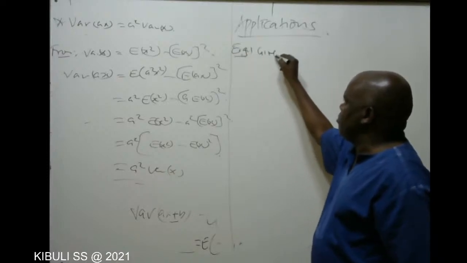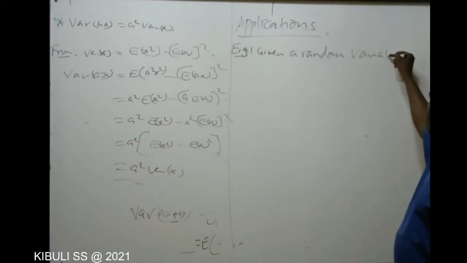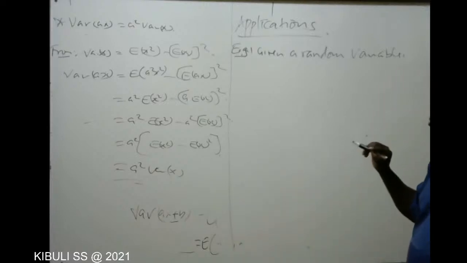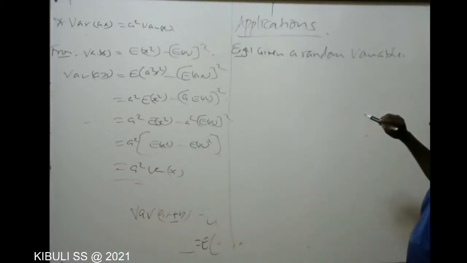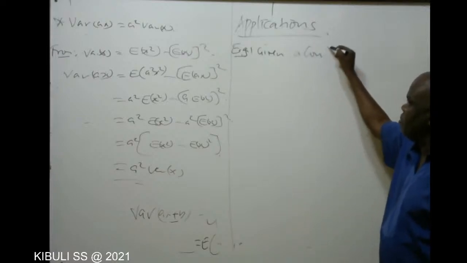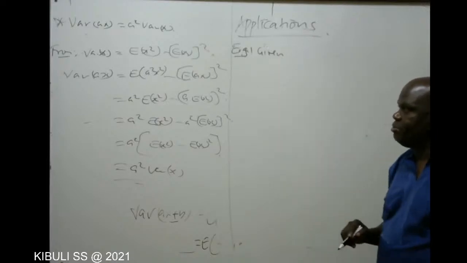given a random variable, such that, or we can even be highly precise, given a continuous random variable. For the beginning, let's first concentrate.